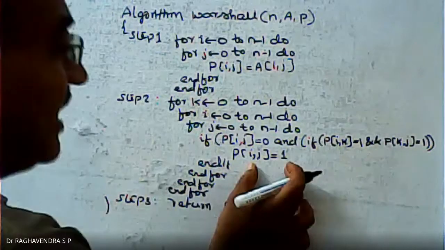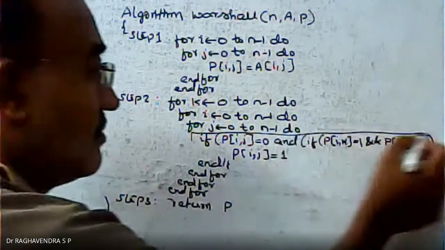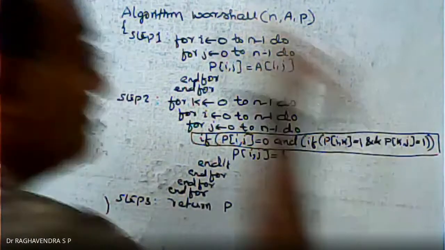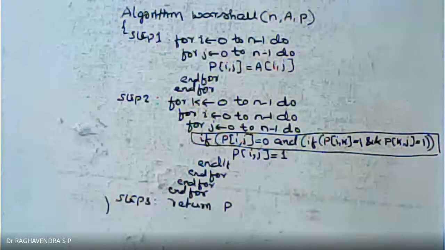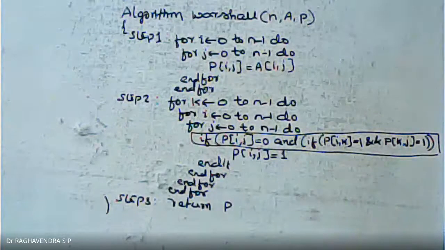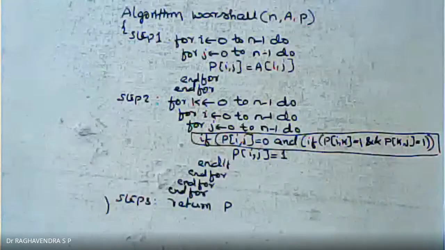Not this one, the one above it. This will be executed the maximum number of times. Yes or no? Comparison. Okay? Yes, sir. Okay, so this is present in the innermost loop.